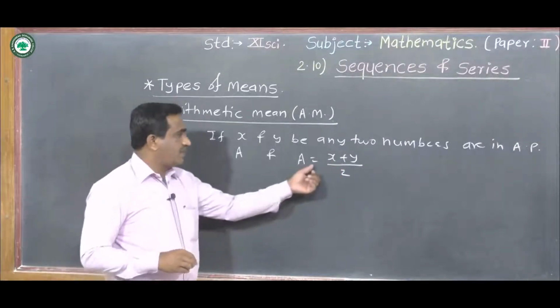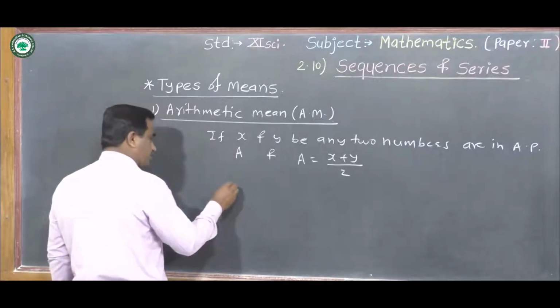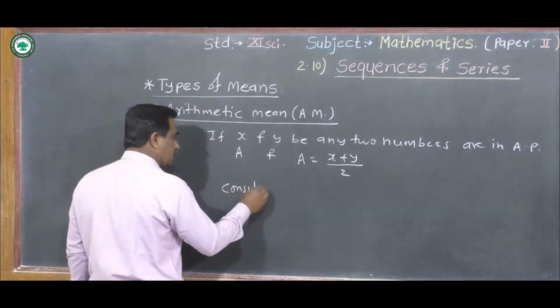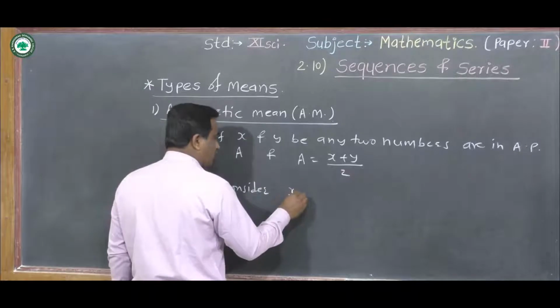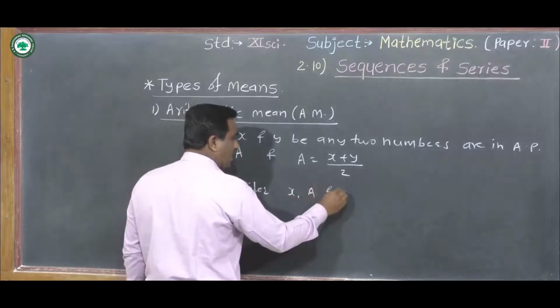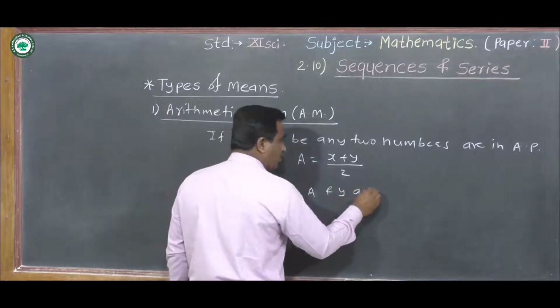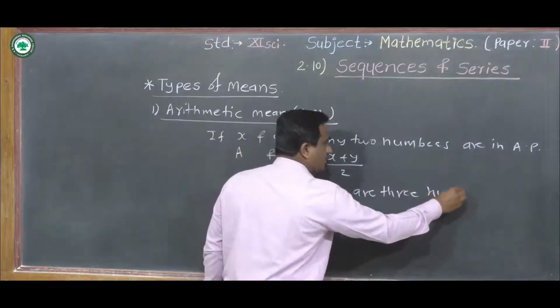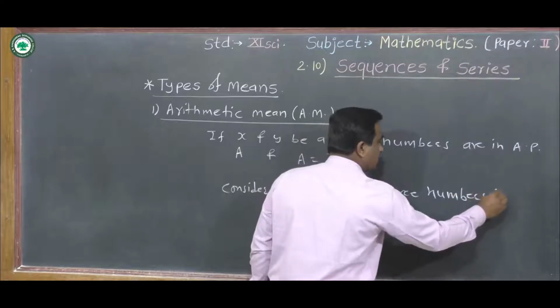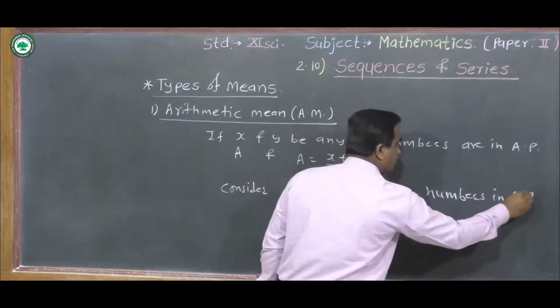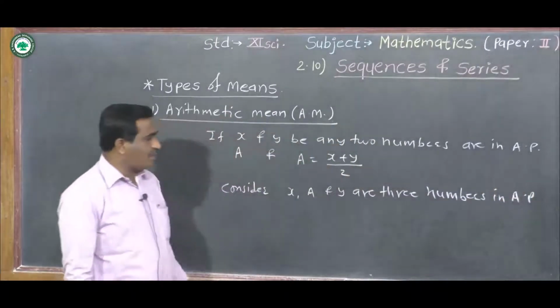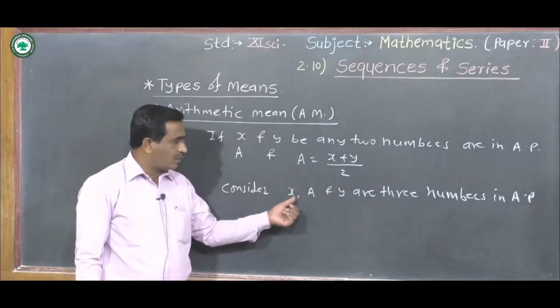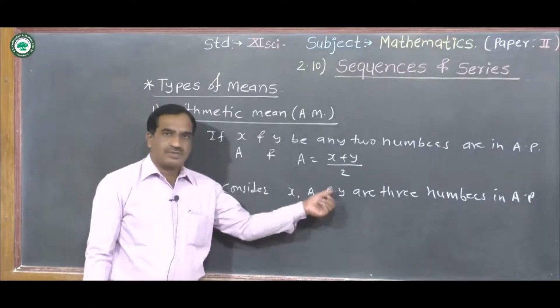How is it obtained? Now consider x, comma A and y are three numbers in AP. Then we can take common differences for these two consecutive terms and for these consecutive terms.